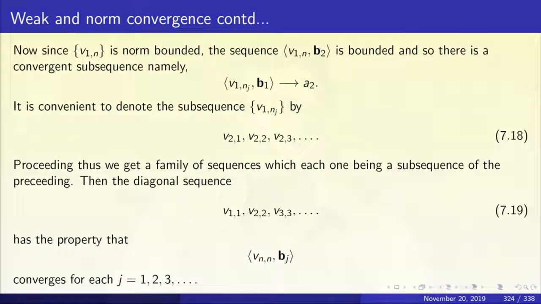Keep going in this manner. So what do you get? Each time you get a subsequence, and then the next iterate you get a subsequence of that, etc. You get a family of sequences, each being a subsequence of the preceding one.